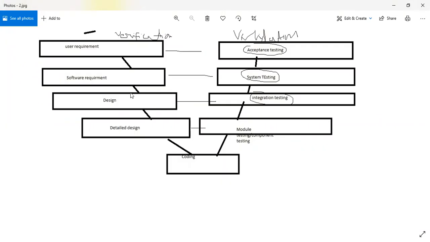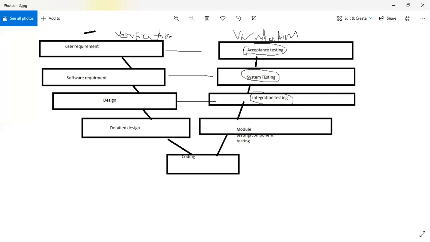If someone asks what is V model, it is a verification and validation model wherein all the development phases are integrated with, or linked with, testing phases. That we call a V model.